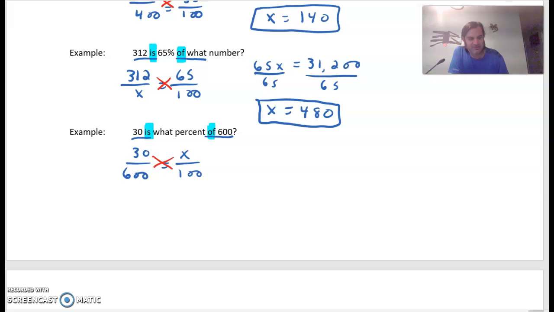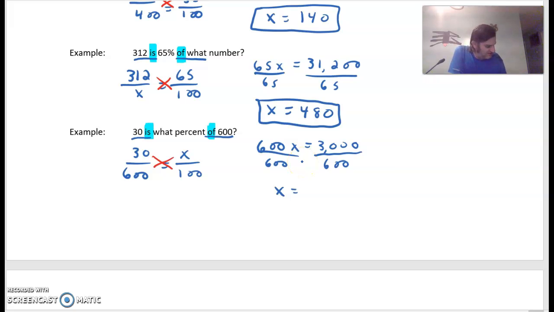Cross multiply. Just how we saw proportions in the first section we did. 600x equals, looks like 3,000. I put too many zeros. I have an eraser. Yes, 3,000. So I'll divide by the 600. Get a little messy there. But it looks like I get 50, I think.